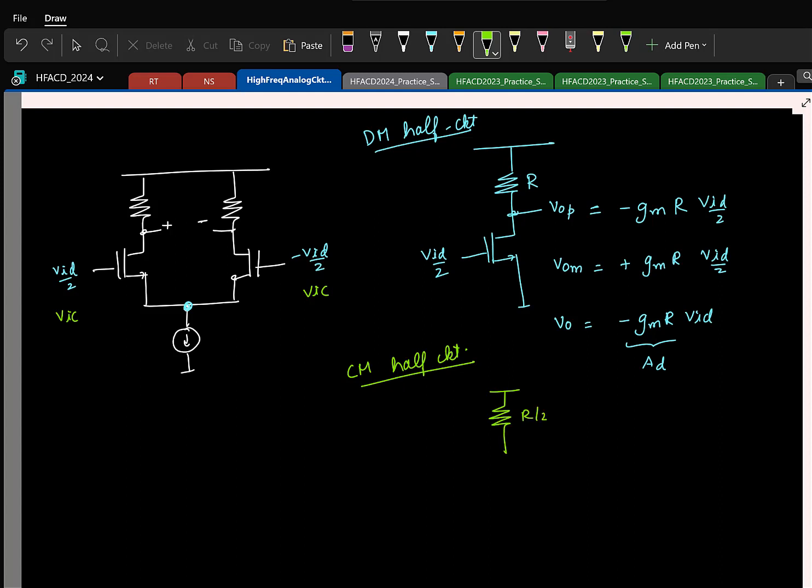So this is R by 2, this is VIC, this is 2 times the transistor M, and you have the current source. So what is VO here? 0. So the common mode response is 0. Great.